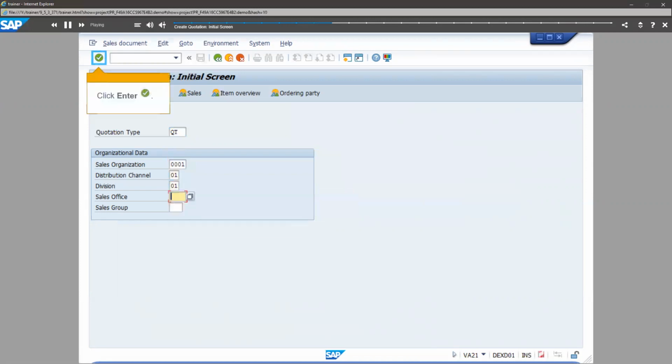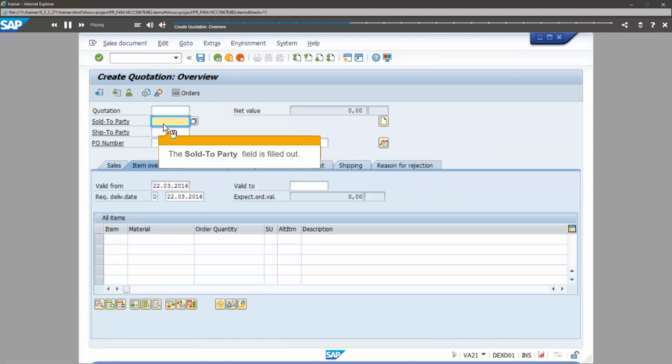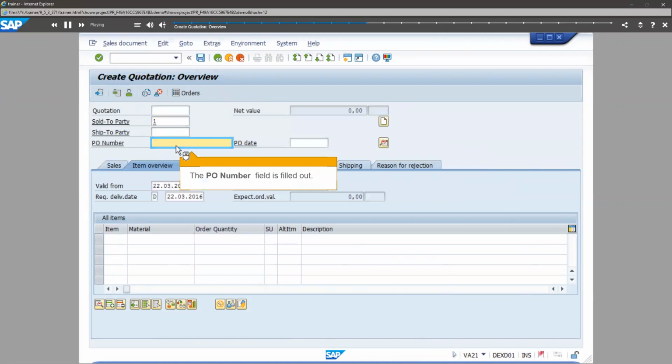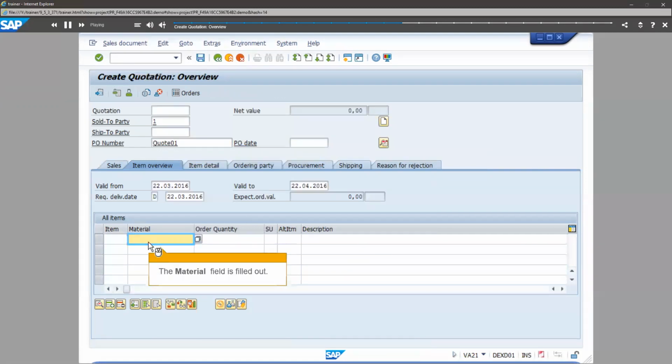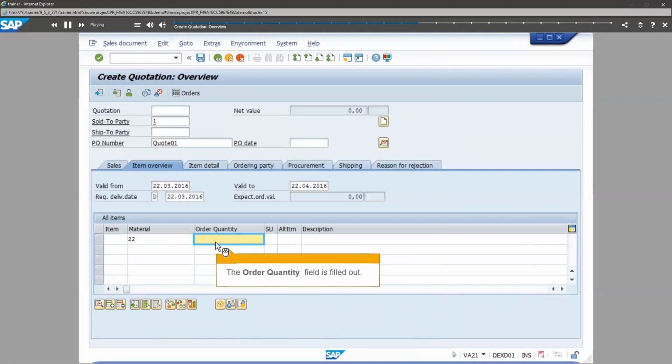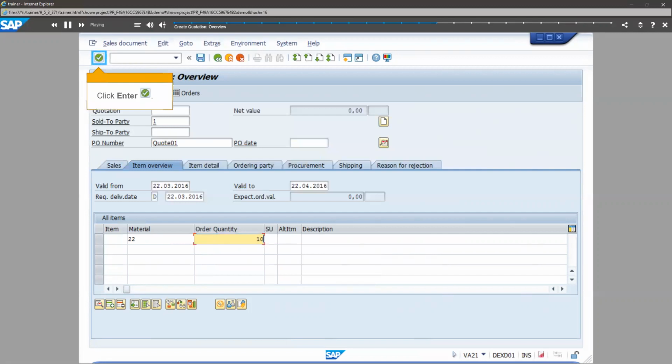Click Enter. The sold to party field is filled out. The PO number field is filled out. The valid to field is filled out. The material field is filled out. The order quantity field is filled out. Click Enter.